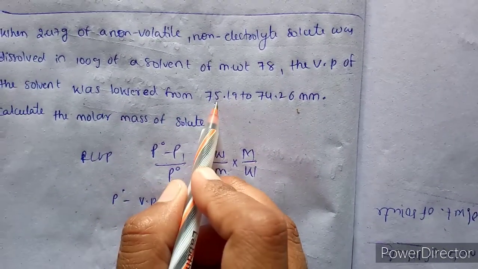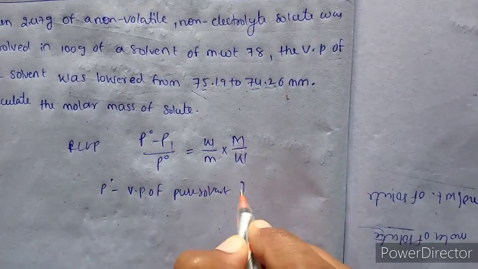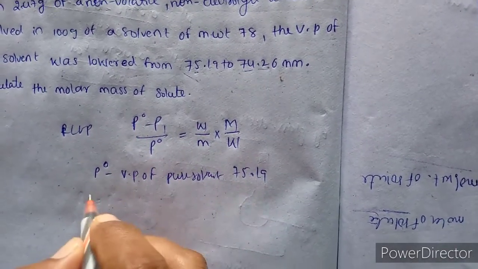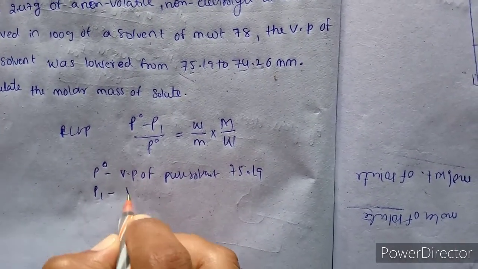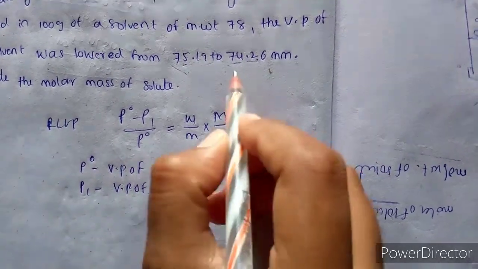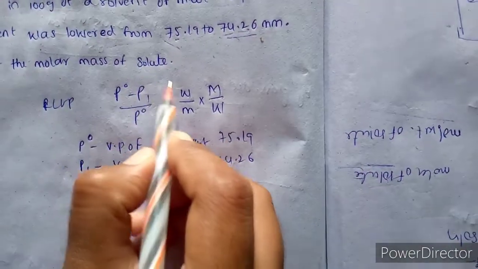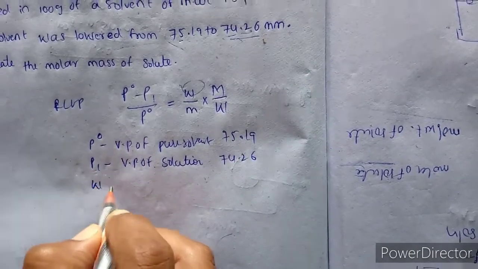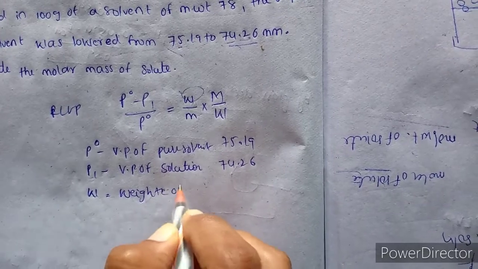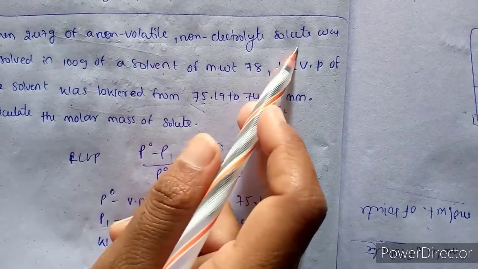P0 is the vapor pressure of the pure solvent. The vapor pressure is lowered from 75.19 to 74.26, which means 75.19 is the vapor pressure of the pure solvent. P1 is the vapor pressure of the solution, which is 74.26. Small w is the weight of solute, 2.47 grams of non-volatile solute.